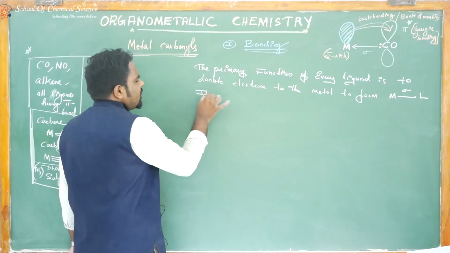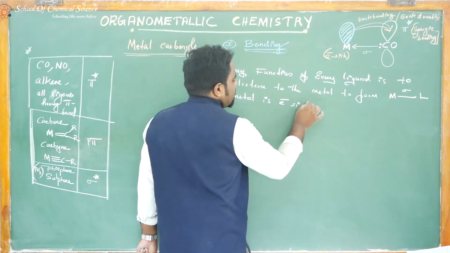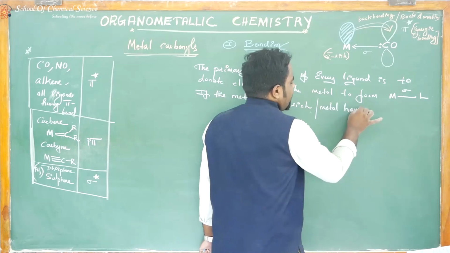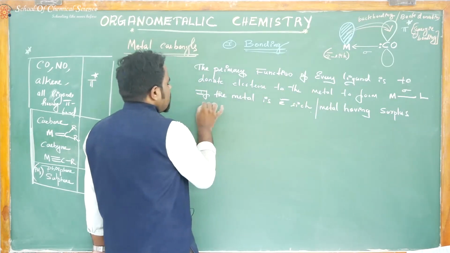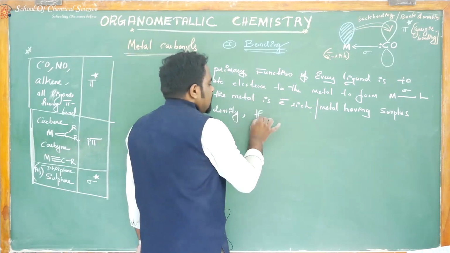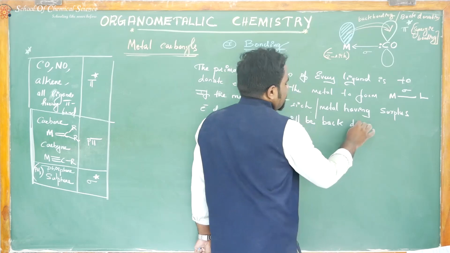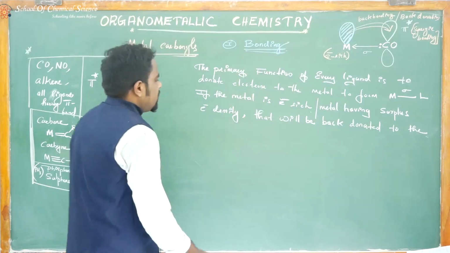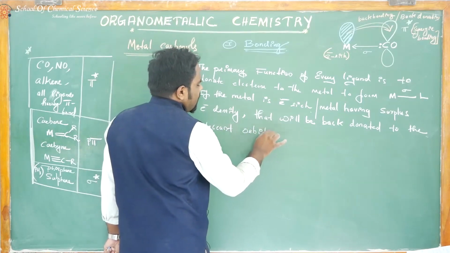Then if the metal is electron rich, or has surplus electron density, that will be back donated to the vacant orbital of the ligand.